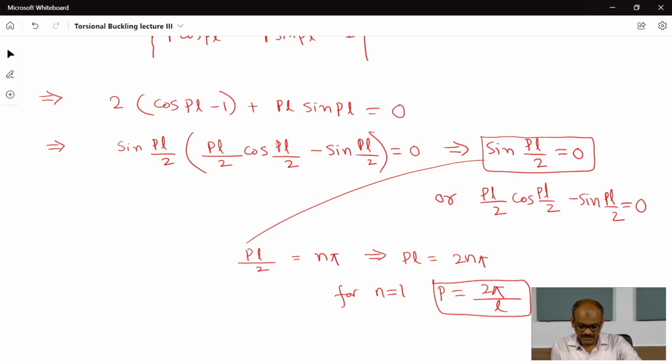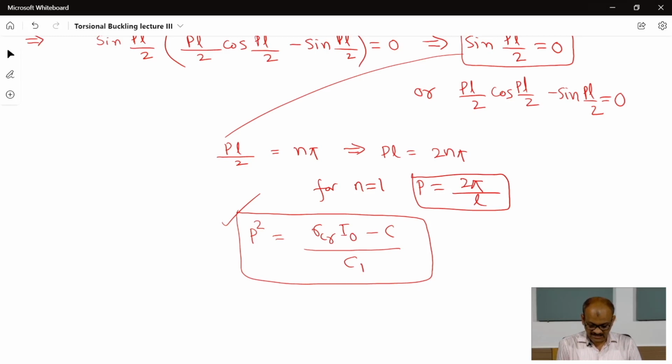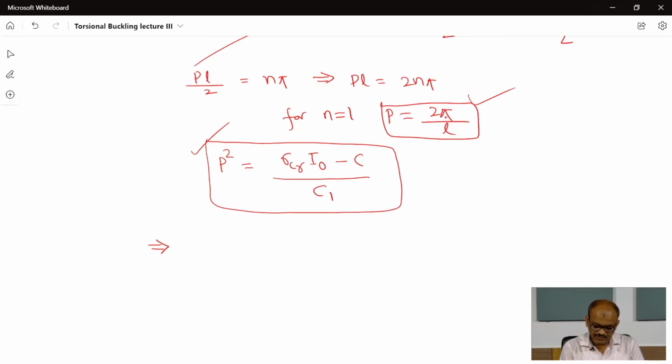And if we write the expression of p square, that is for torsional buckling, that expression of p square we had derived as sigma cr I naught minus c divided by c1. If we substitute, p square becomes 2 pi by L whole square.